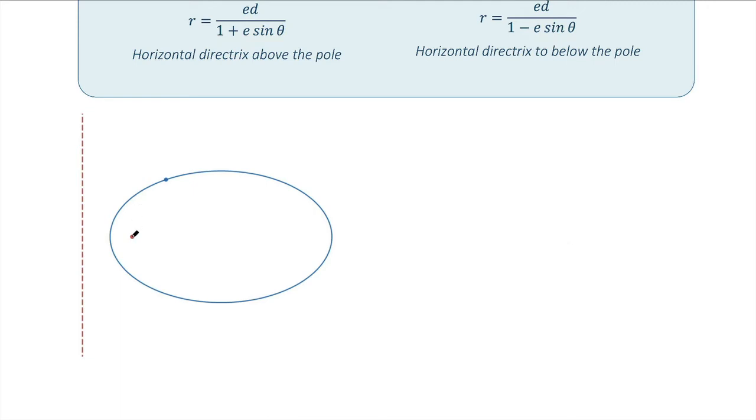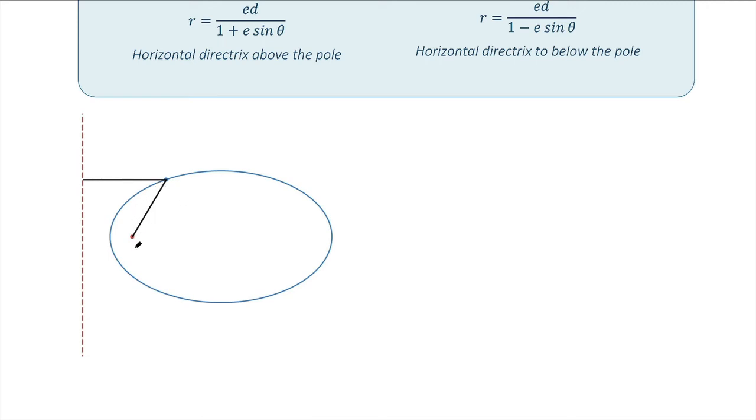So we have the focus at the pole, and this distance right here, divided by the distance from the point to the directrix, that ratio is always going to be the same. So here's what we're going to do. We're going to go ahead and just write that.